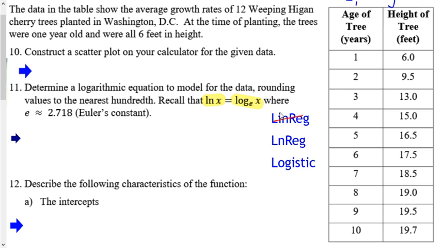The LN is the natural logarithmic regression. That's the one that we want. But there's also one that's a logistic regression, but if you ignore that part, you just see log and you think, oh, this is the one that I want, but it's not the one that you want. So you want to make sure that you're choosing LnReg for the logarithmic regression. So pause the video at this point and complete your regression and then restart the video.